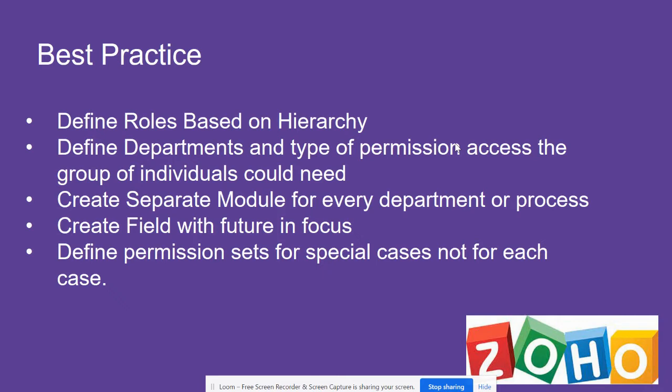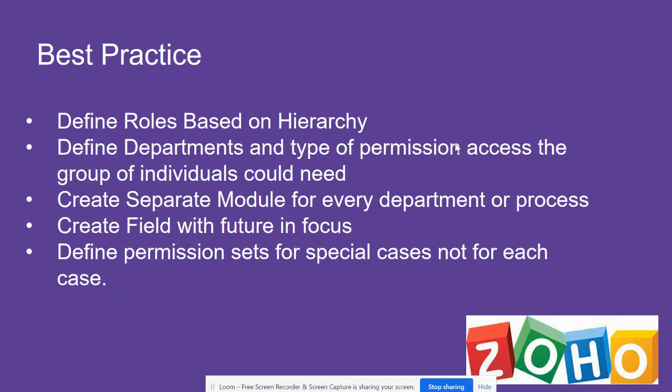Then, define permission sets for special cases, not for each case. Permission sets give extra access on top of an already existing permission or profile. It's highly recommended that you don't use a permission set just because it's easy to do. Only use it when you really need it.